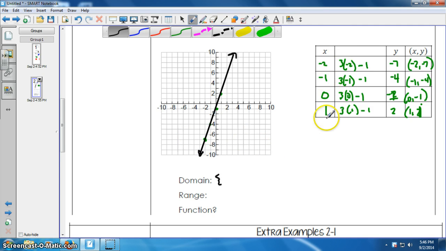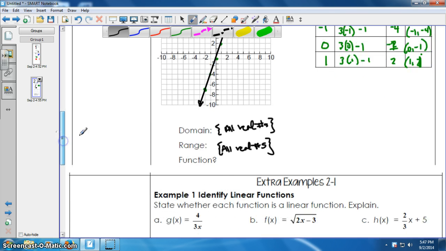If you listed those specific values I'd be fine, but it could be all real numbers. And then if we look at our y value, we're going all directions down and up, so again it could be all real numbers. Or you could list the ones here and that would be fine too.